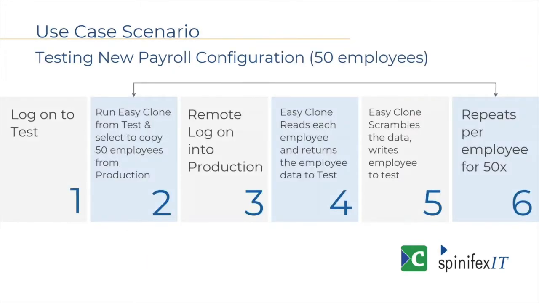The steps to perform the clone are easy. The user will simply log into the test payroll system, launch EasyClone, and enter in the selection criteria to determine the subset of 50 desired employees. The user will next simply pick the connection they need to make, in this case to production, and then execute the tool. EasyClone will grab the data from production for each of those 50 employees, scramble it in the process, then update the test system with the new employees.